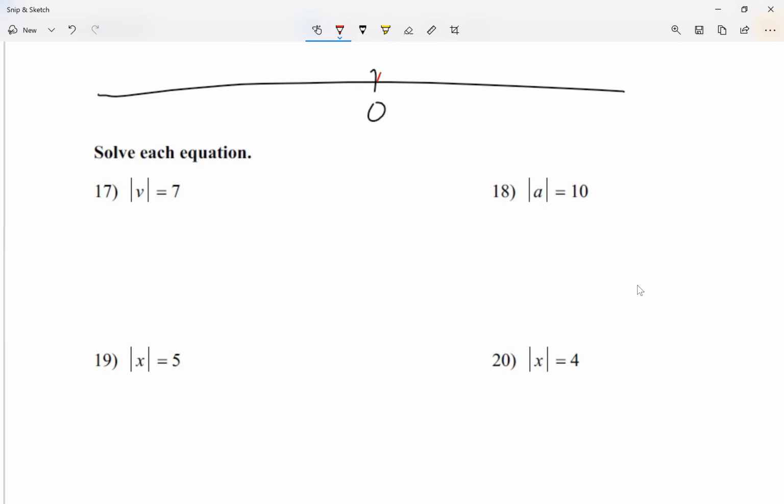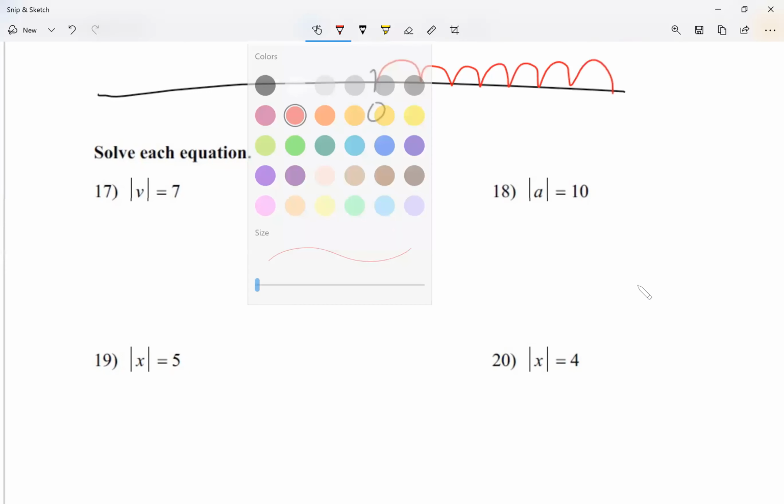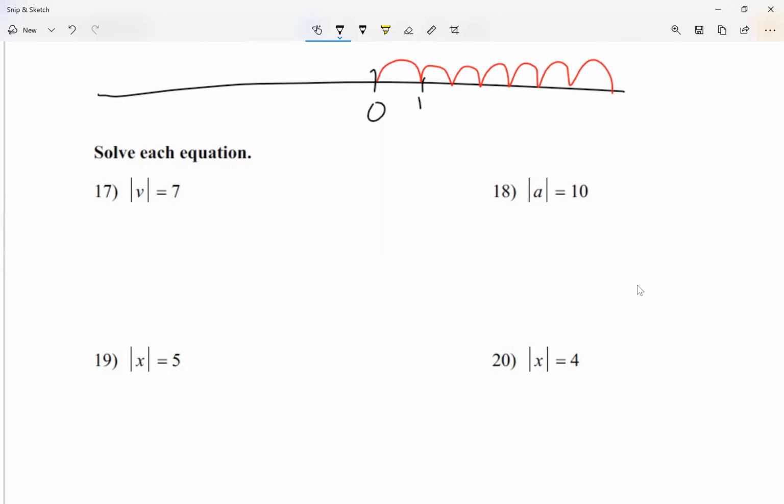So 1, 2, 3, 4, 5, 6, 7. Now these numbers are basically +1, +2, +3, +4, +5, 6, and 7. Now, if I went to the right of 0, the V is 7.